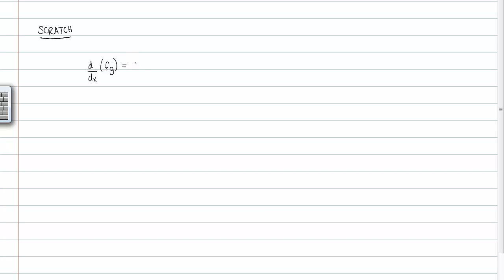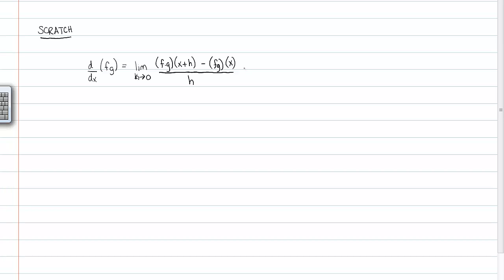Well, we know that this is supposed to be the limit as h approaches 0 of f times g of x plus h minus f times g of x, all over h. That's just the definition of the derivative.